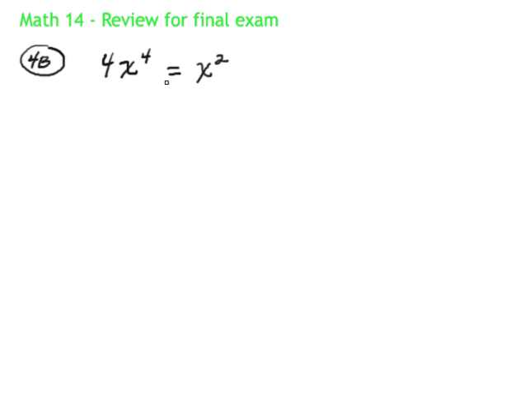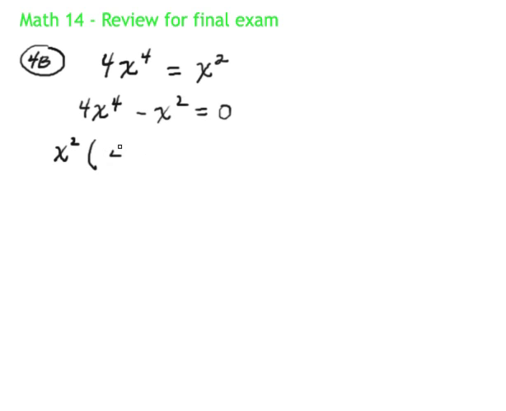In 4b, we have a polynomial that we want to solve, a 4th degree polynomial. So we'll try factoring, that is setting equal to 0 and then factoring. So first set equal to 0, subtract x squared from both sides. And now we can pull out an x squared, all right, to begin factoring.